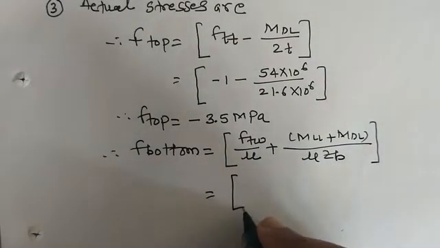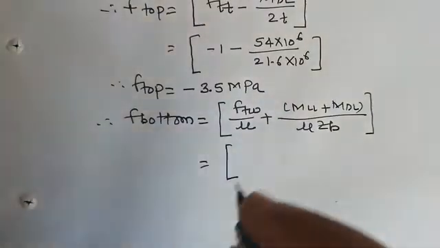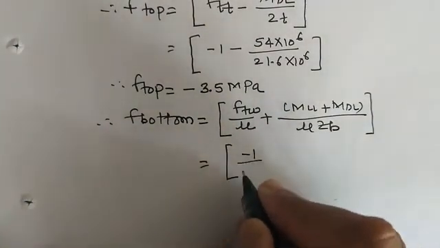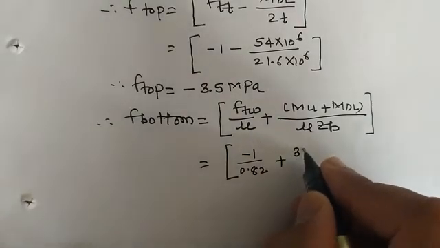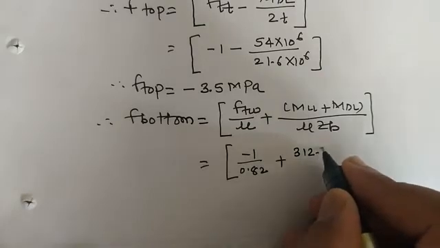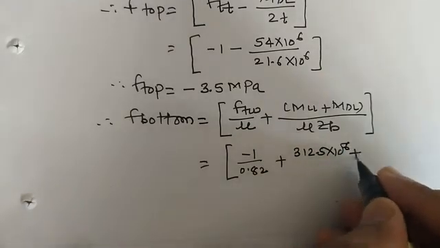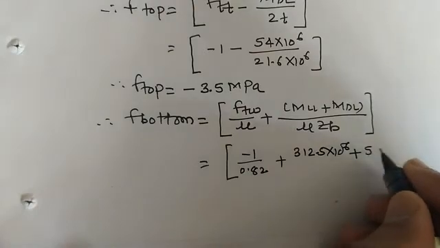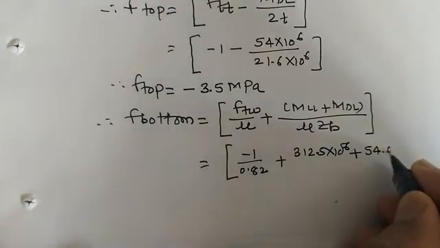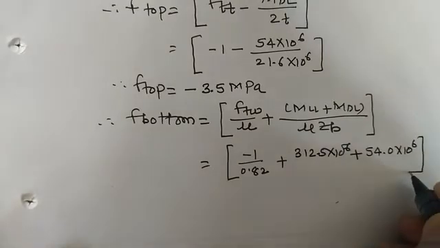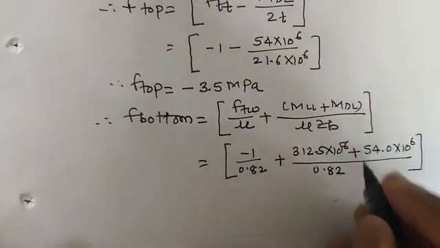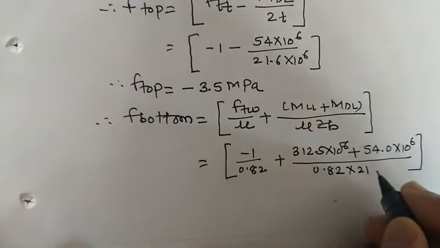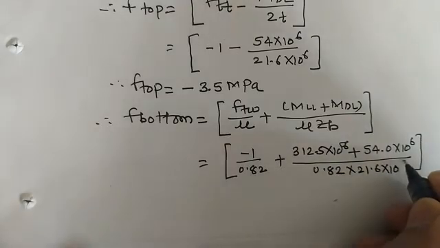So F_TW is minus 1, mu is 0.82, plus bending moment due to live load is 312.5 into 10 raised to 6 plus actual value of bending moment due to dead load is 54.0 into 10 raised to 6, divided by 0.82, the loss ratio, and Z bottom is 21.6 into 10 raised to 6.